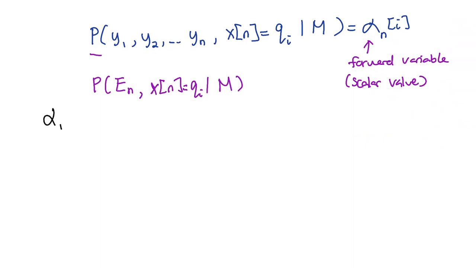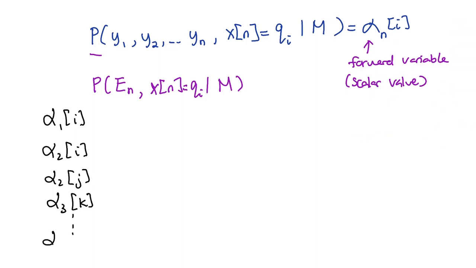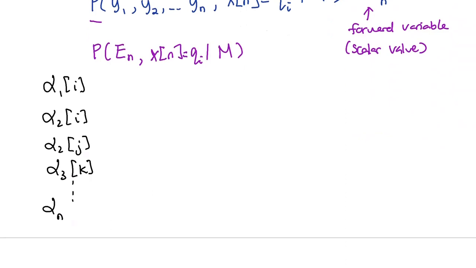I could have time 1, time 2 for a different state. I could have it for the same state. I could have it for a different state. Time 3, right, all the way to time n. Time n plus 1 in a different state, right? So you see that I can define this.